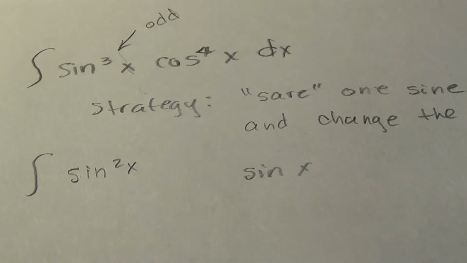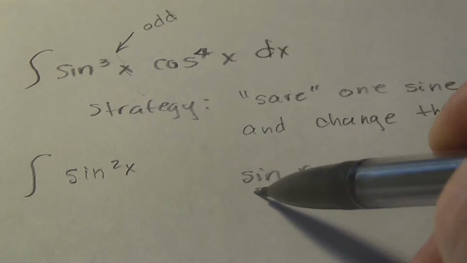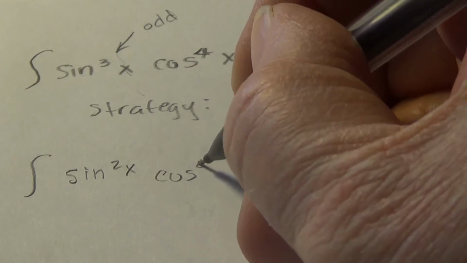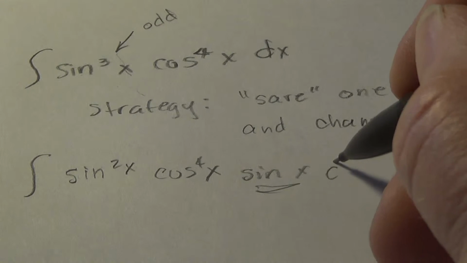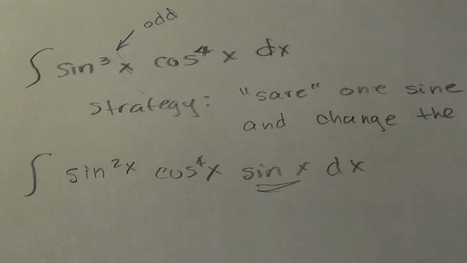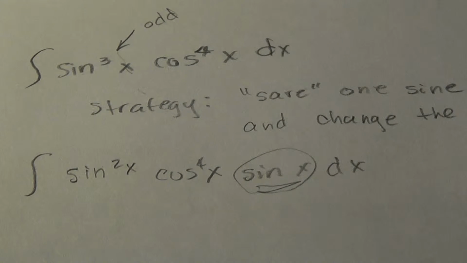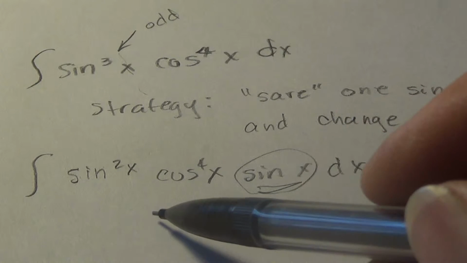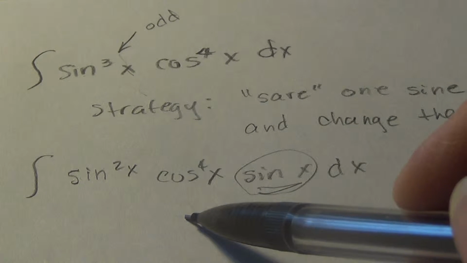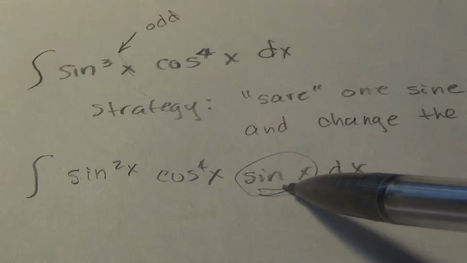So I have the equivalent of sine cubed, but I've saved one out. Then what's left in here is cosine to the fourth x and good old dx. The reason I split this up and saved this one sine is I'm going to establish an expression in cosine, which will be my u, and this will serve as my du.